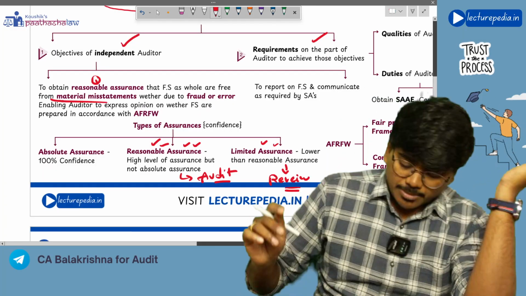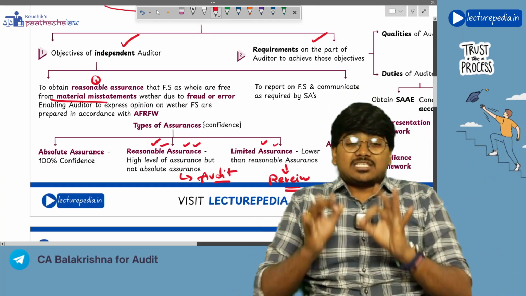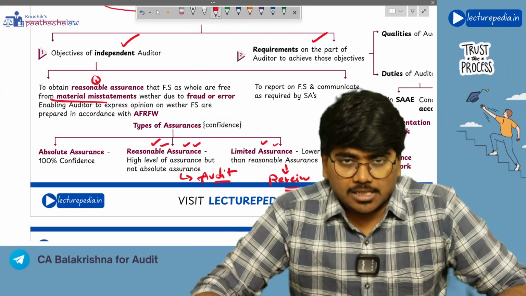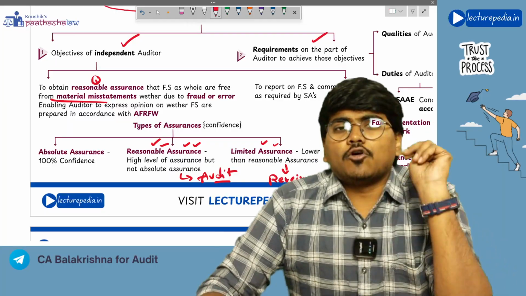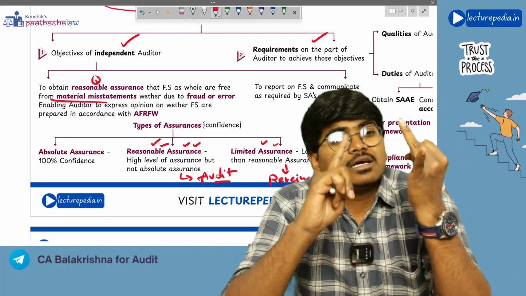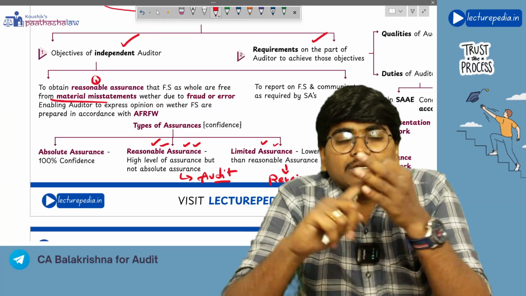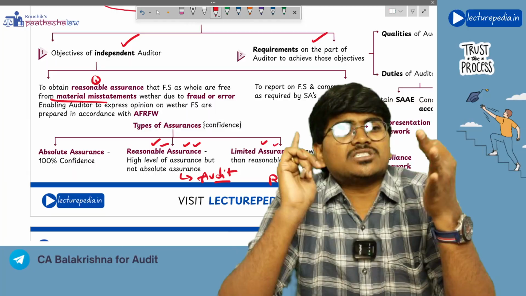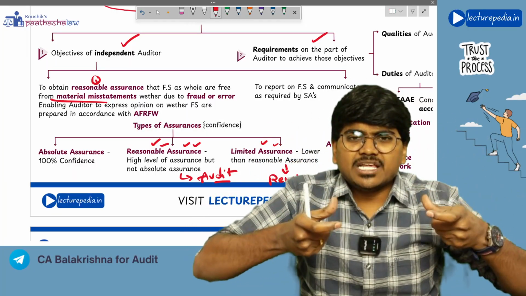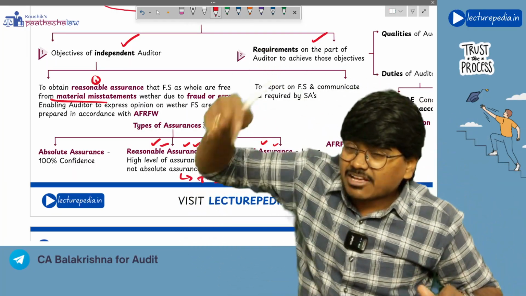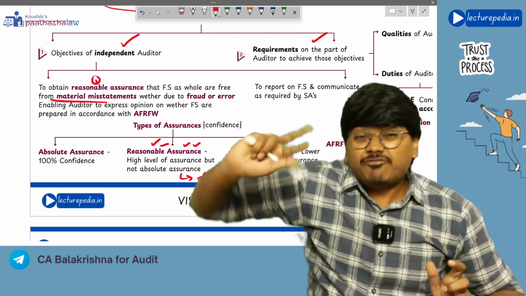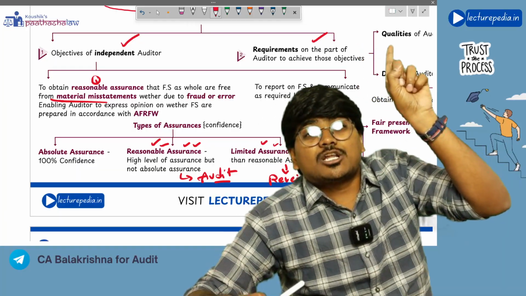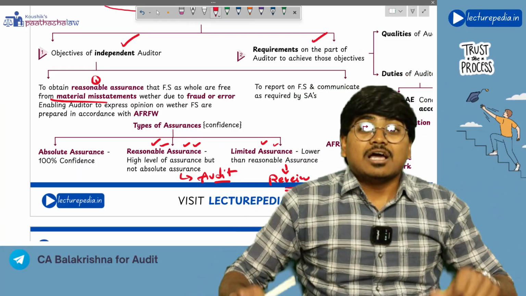Next term, what is meant by material misstatements? Misstatement means something wrong, right? But what is the official definition? There are four things which you need to remember: amount, classification, presentation, disclosure. Shortly, we'll call it ACPD. Now, if the ACPD made by the management in the financial statements is different from the ACPD required as per the applicable financial reporting framework, we'll call it a misstatement.